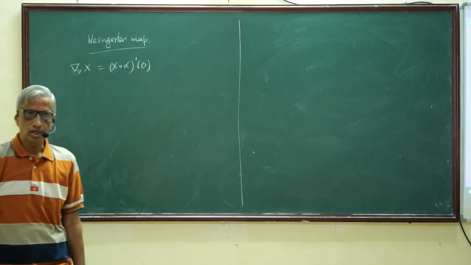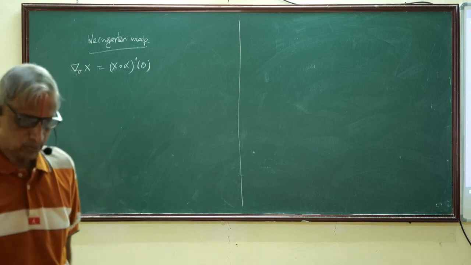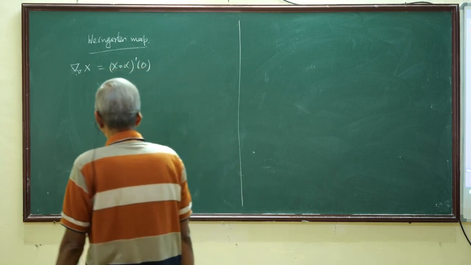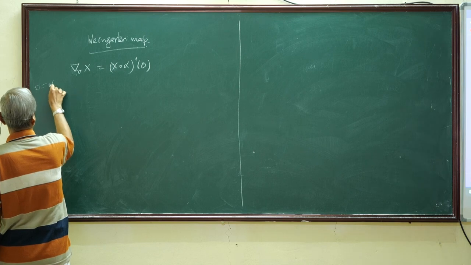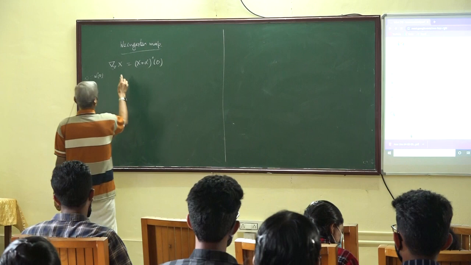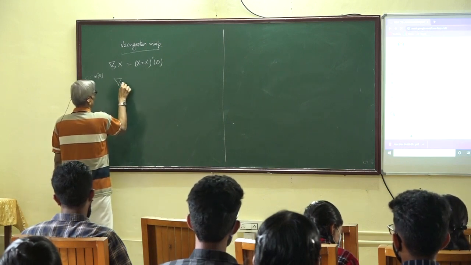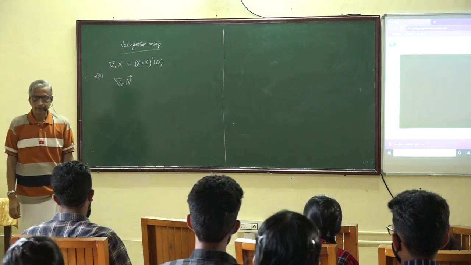where V is alpha prime 0. Okay, V alpha 0 is P, so everything is happening at the point P. So V is alpha prime 0. What we are interested in is the orientation vector field.